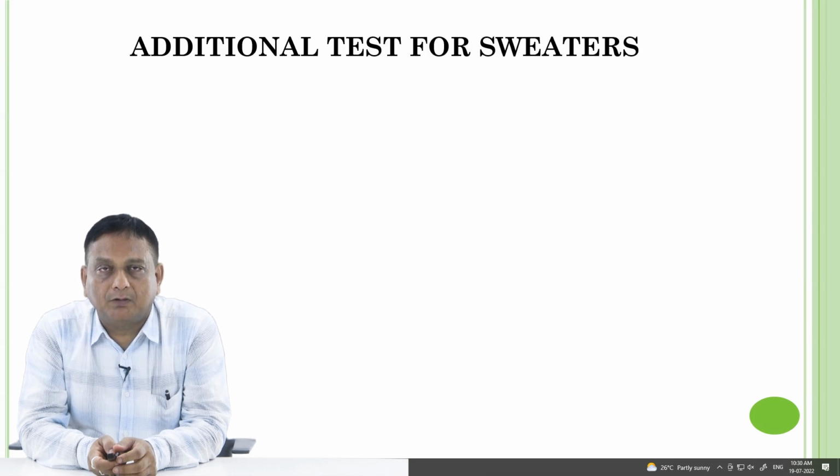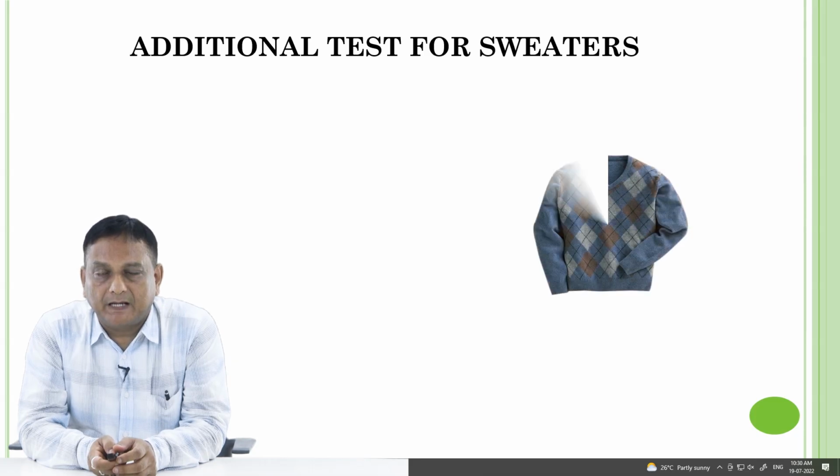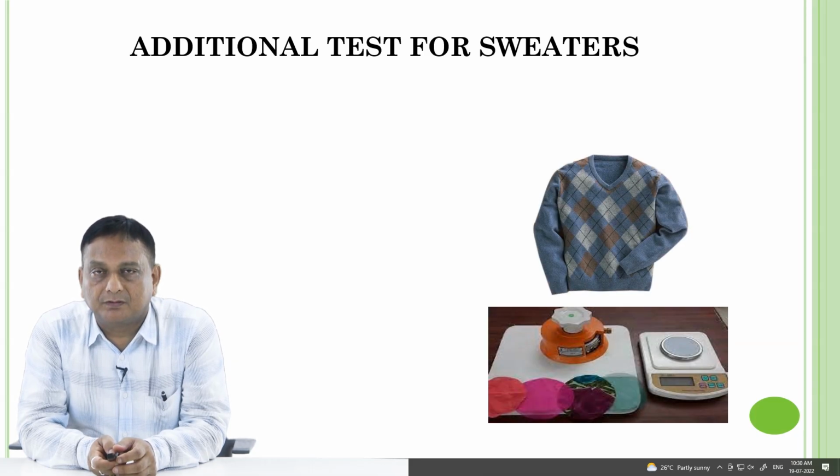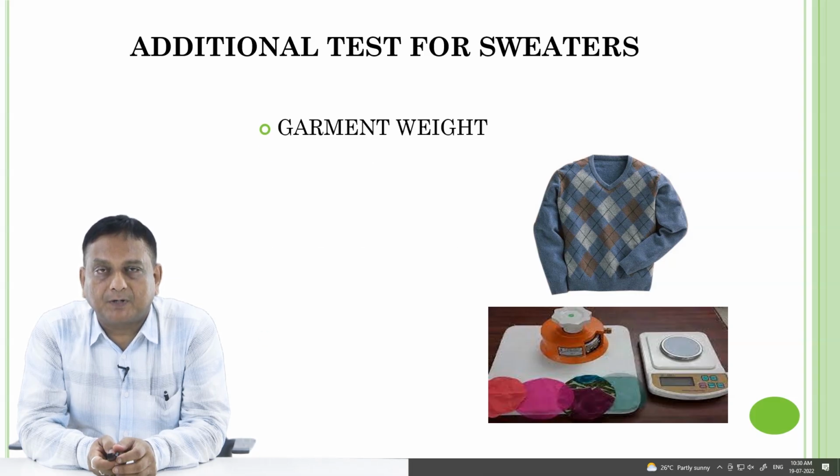Now let us see what additional tests are required for sweaters. As you can see with the sweater, an important area is the fabric weight, which is judged on an electronic balance. Another important part of sweater testing, apart from the garment testing, is the neck area.